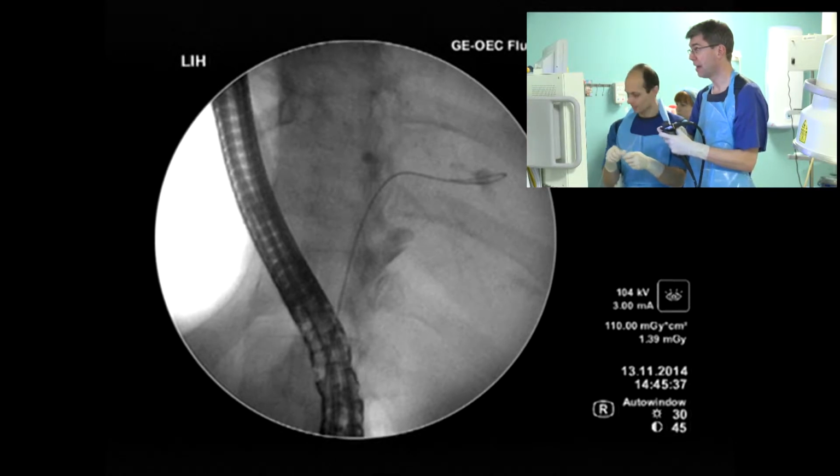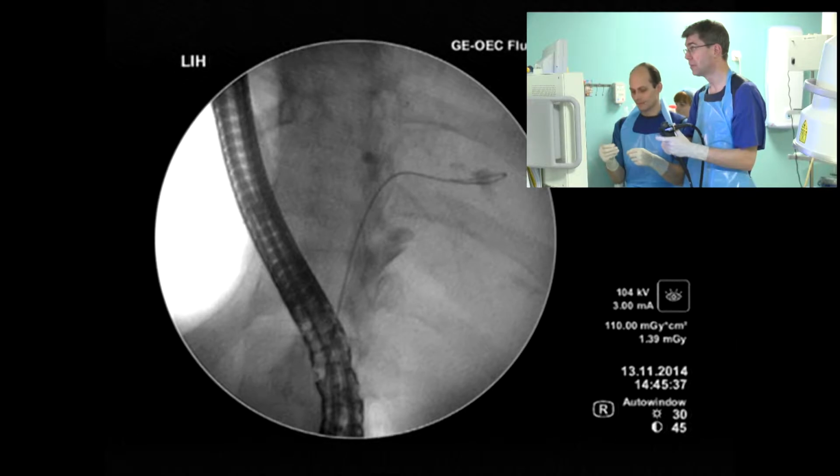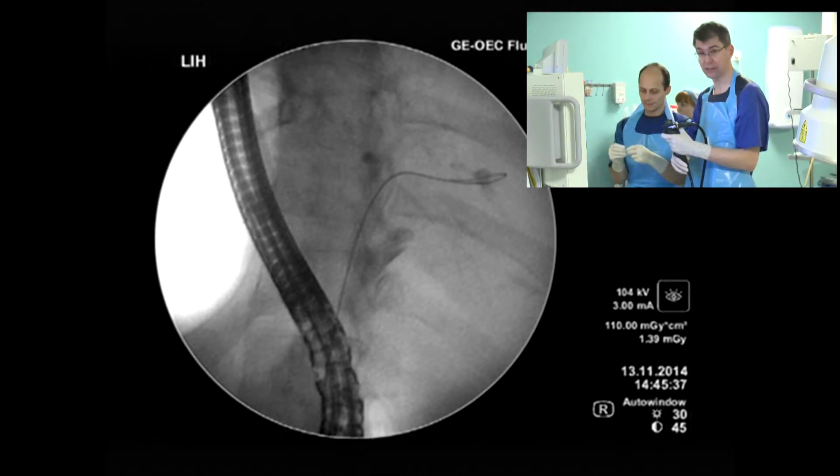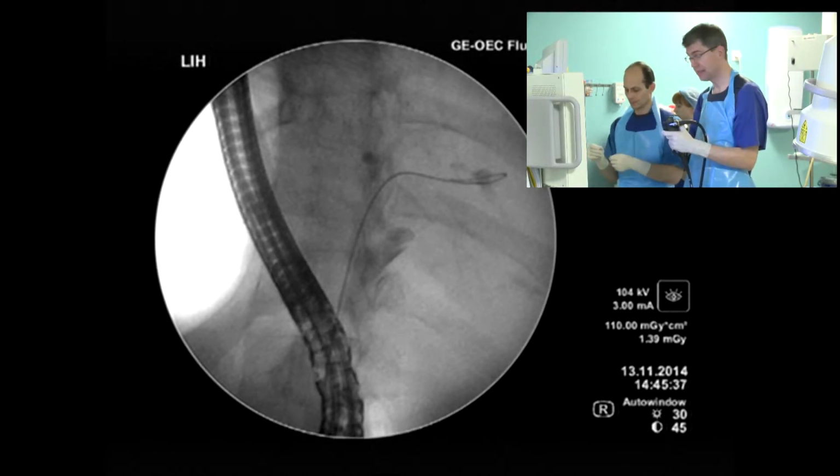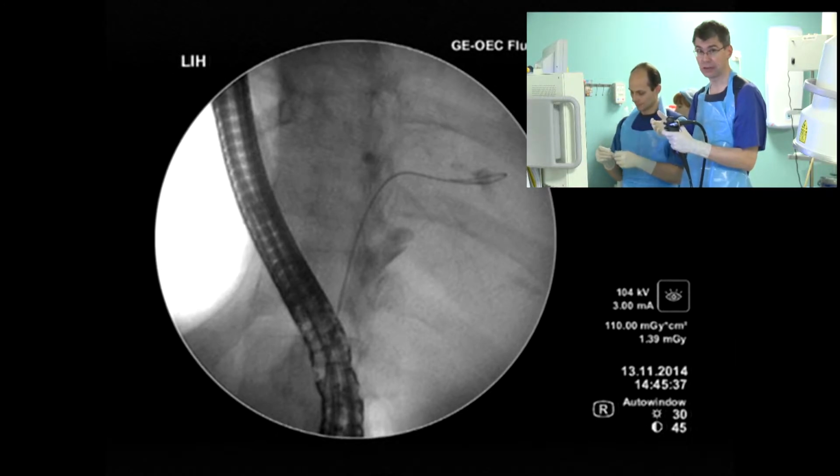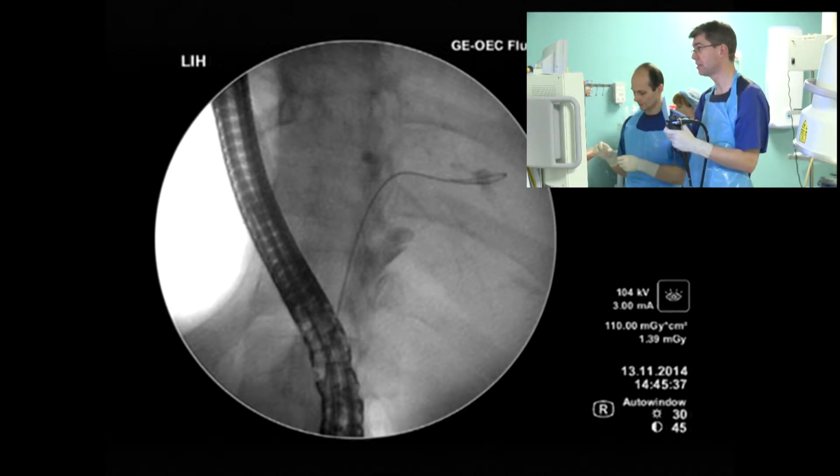This has some advantages over mother-baby scoping, because we can get larger instruments in with larger working channels, which makes it easier to do therapeutic interventions, to take biopsies, whatever.